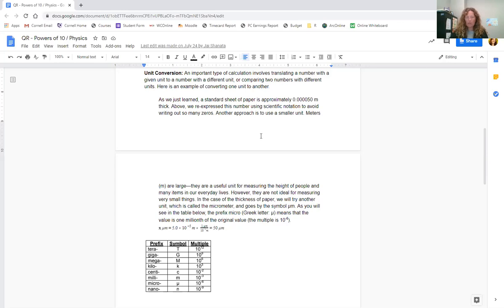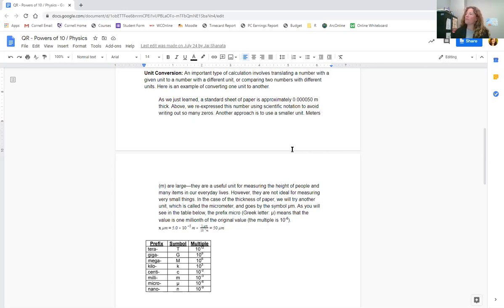There are certainly lots of times when we convert units, sometimes across systems. So if you go to the doctor and they report your weight in kilograms, that might not be meaningful to you. It comes that way out of their computer system, but you want to know what it is in pounds. You could convert units to find out.